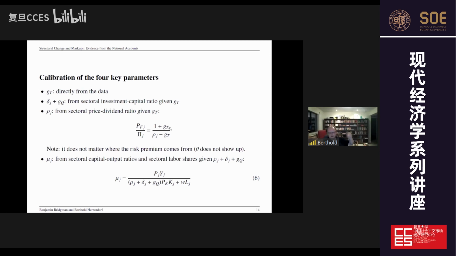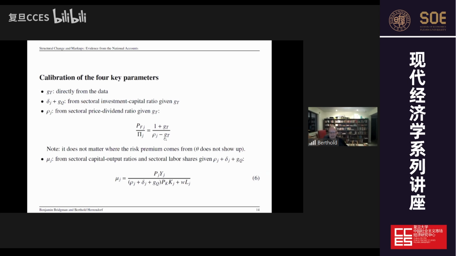The timing here is you only get it next period. Having said that, we can see the price profit ratio at the sector level. I forgot who, somebody at NYU has it on their webpage. So this is what Ben uses. GT we got before. So if you see P over Y, P over pi and GT, you can infer what the reference expected rate of return on capital has to be.